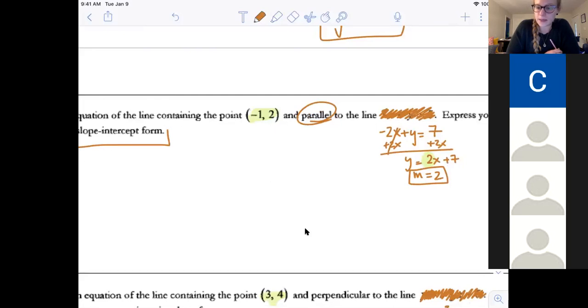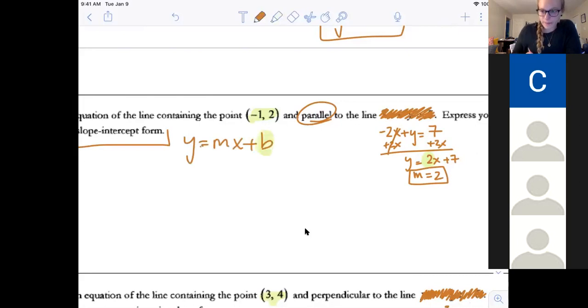Awesome. So you can either plug into slope intercept form or point slope, but we need to get it down to y equals. Do you want to do point slope or slope intercept? I'll do slope intercept. Perfect. So plug into y equals mx plus b so we can find b.